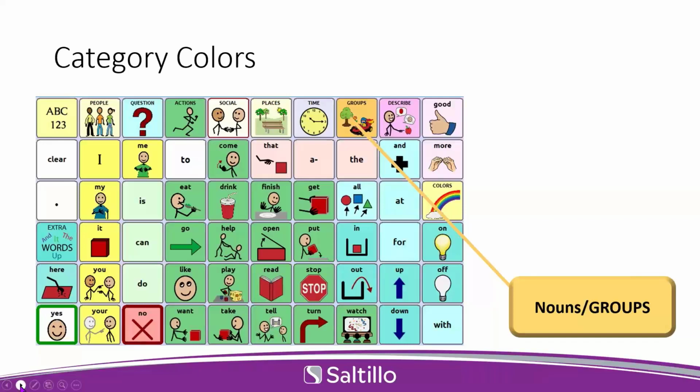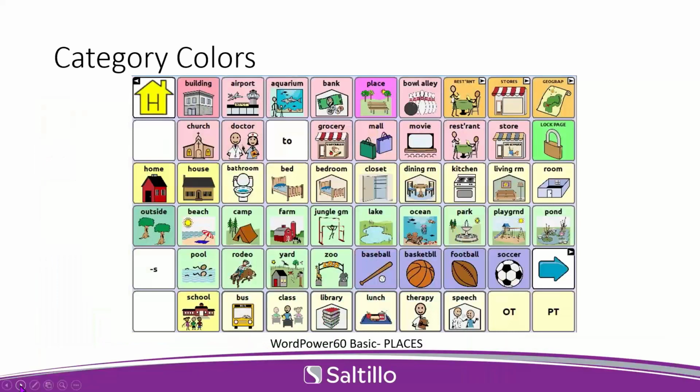There's also some color categorization that happens on our places page. So you'll notice that all of the buildings are in pink, the home places are all in yellow, and the outside places are listed in green, just to help with some of that visual organization when looking at the page, so they're not all the same.